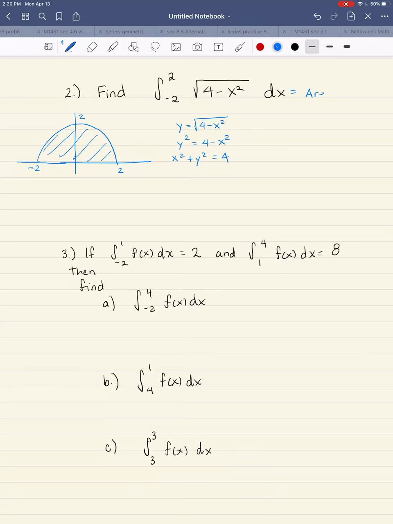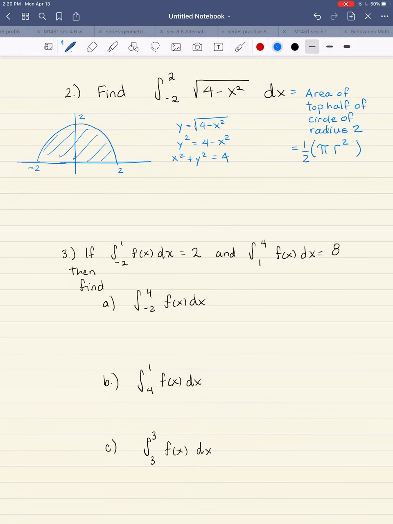So this should give us the same as the area of the top half of a circle of radius 2. Well, the area of a whole circle is pi r squared.